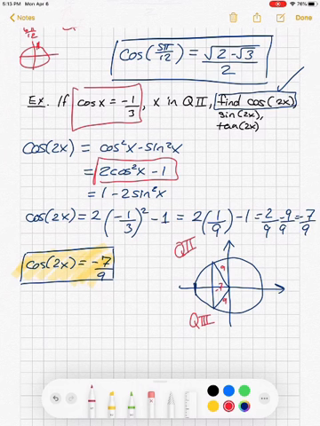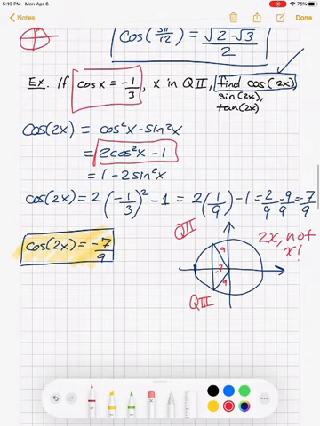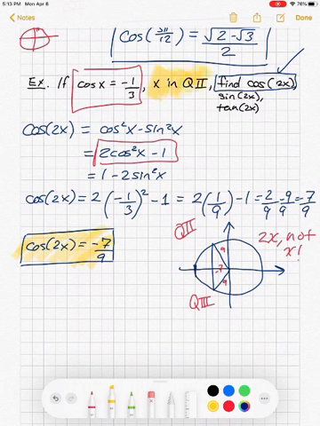Now notice these are triangles for the angle 2x, not the angle x. You see how in the instructions here, where are the instructions? Oh, right here. What it says here is the angle x is in quadrant 2. But what about 2x? I wonder if I can figure that out.